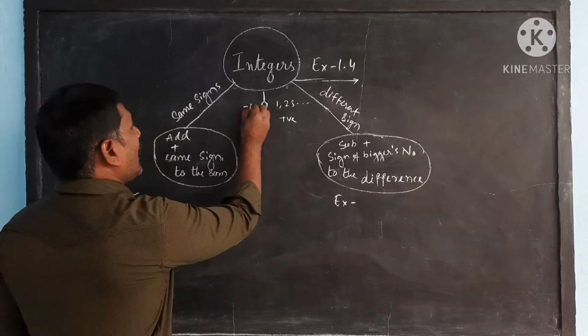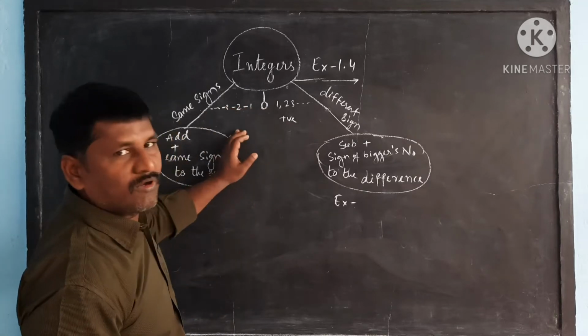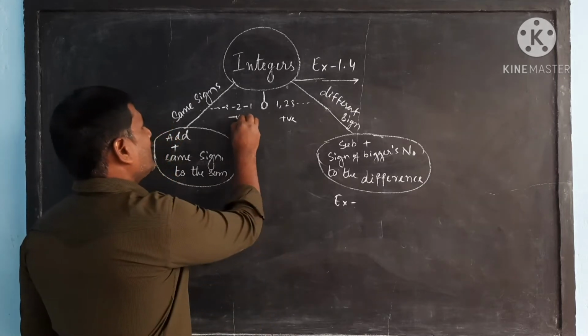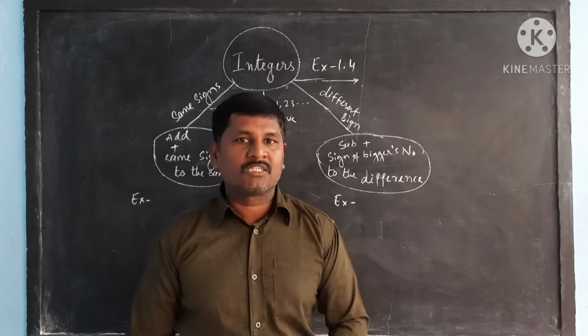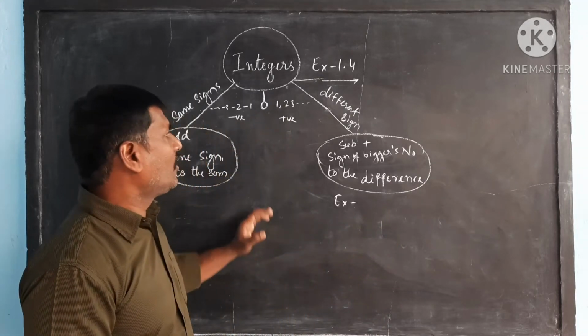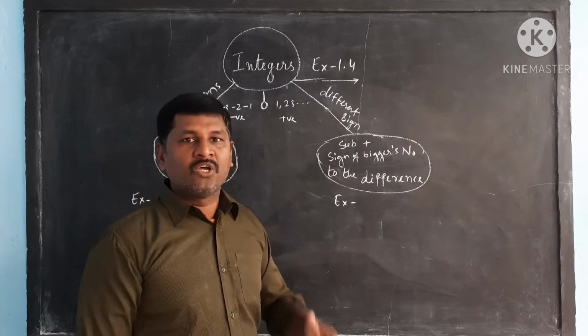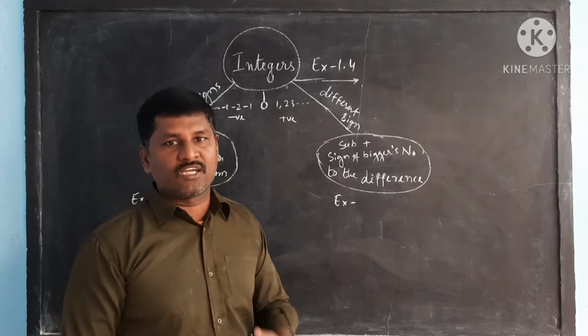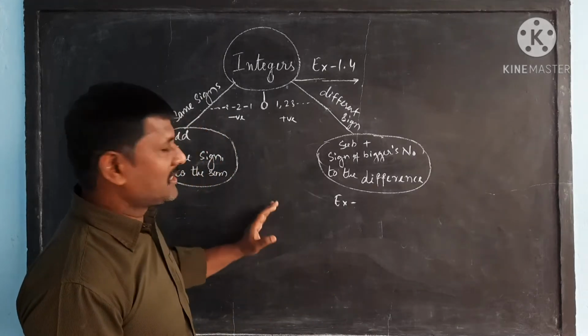The numbers like -1, -2, -3, having minus symbols, are called negative numbers. While doing addition, subtraction, multiplication and division with these numbers, most of the time you get confused. This class will clear all of your confusions if you understand very clearly after watching this video.